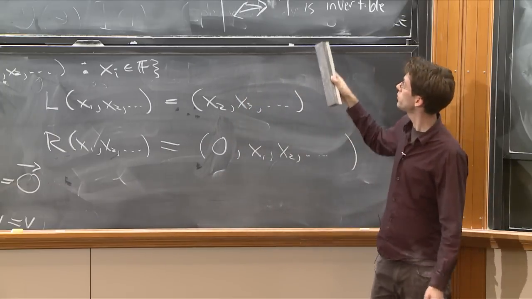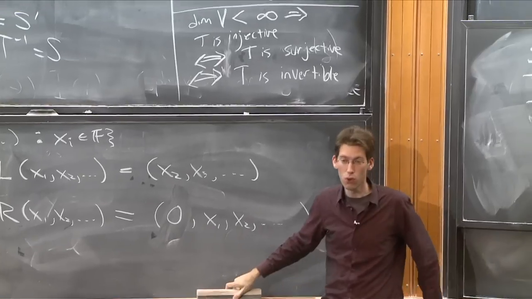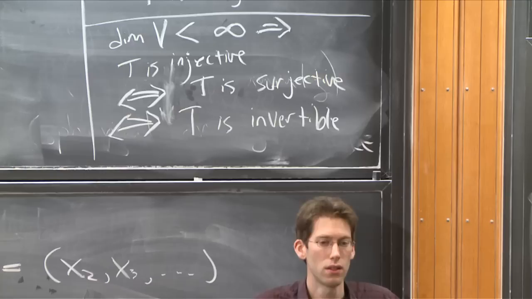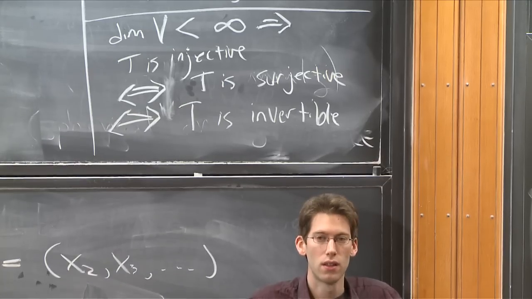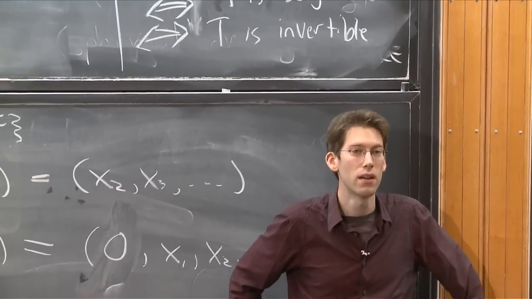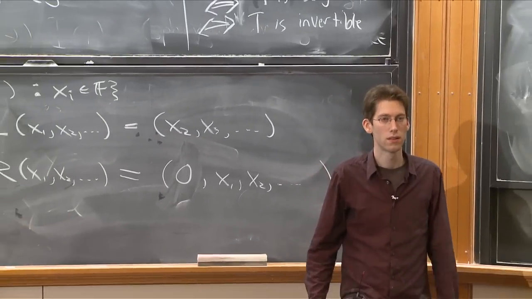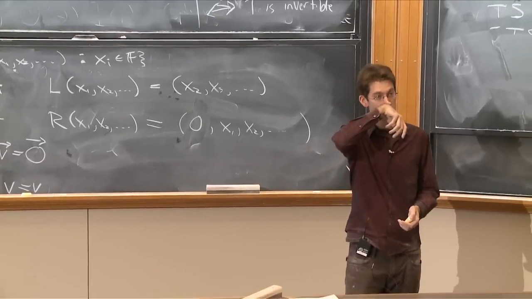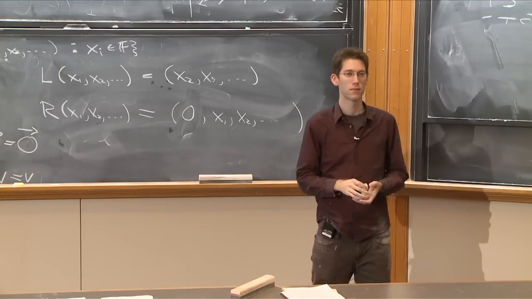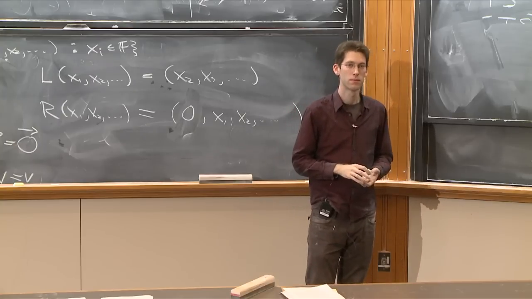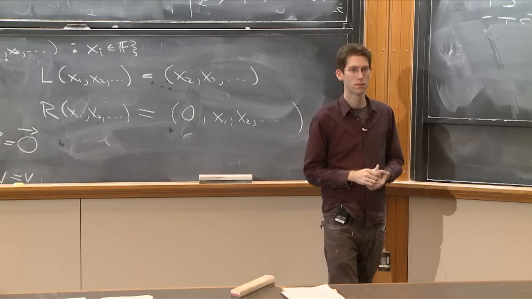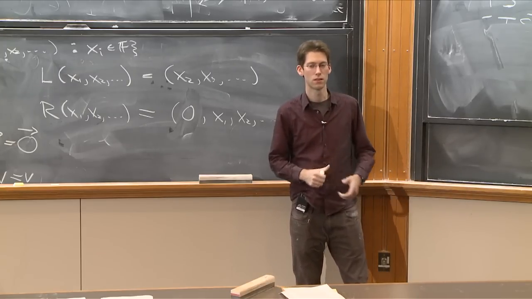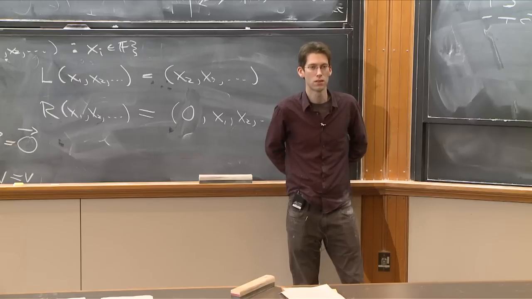And why is this? Why should it be true that T is surjective if and only if T is injective? Why should those be equivalent statements? This isn't really a rigorous statement, but the intuition is that you're taking vectors in V to vectors in V. So your mapping is one-to-one if and only if every vector is mapped to, because then you're not leaving anything out.